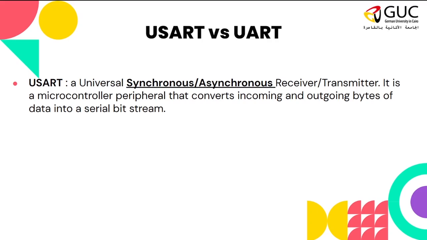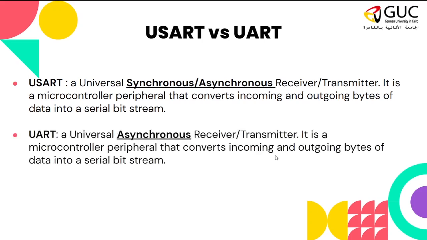It is a microcontroller peripheral that converts incoming and outgoing bytes of data into a serial bit stream. While UART, as we introduced minutes ago, is a Universal Asynchronous Receiver Transmitter. It is also a microcontroller peripheral that converts incoming and outgoing bytes of data into a serial bit stream. So what is the difference between them?